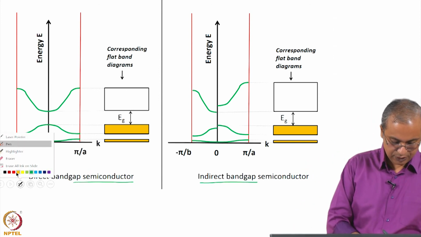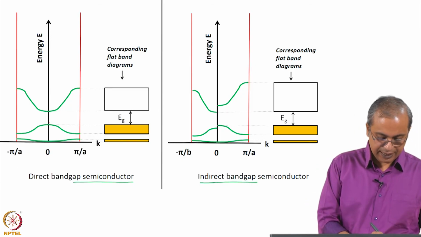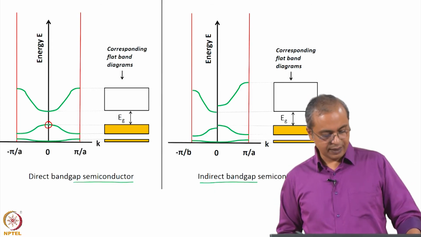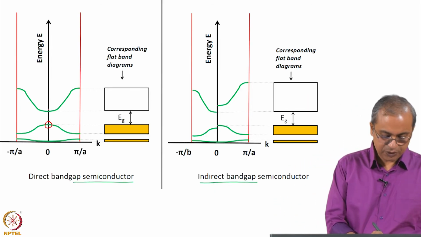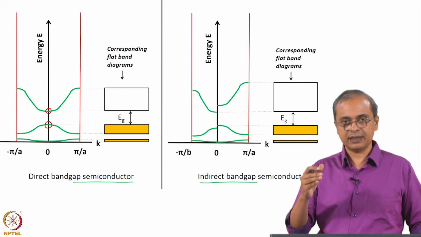For example, here this is the highest position of electron energy levels in the valence band. This is the position of the next available energy level, which is the lowest energy level in the conduction band.